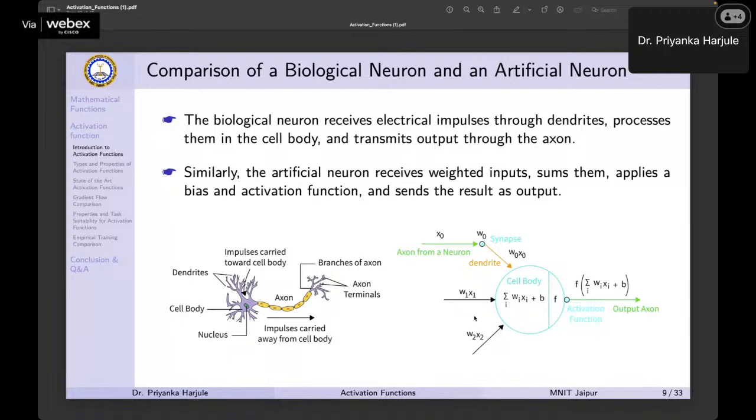So this helps with flexibility. And then we compute the weighted sum and apply the activation function, that is applying a non-linear transformation like decision making in the biological neuron, which gives us the output, which is passed to the next layer, just like how the axon transmits the signal.